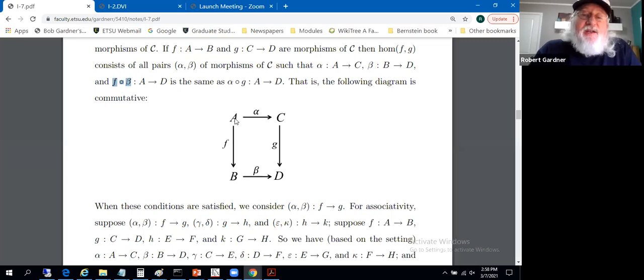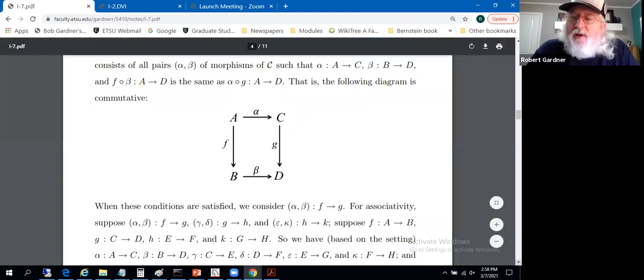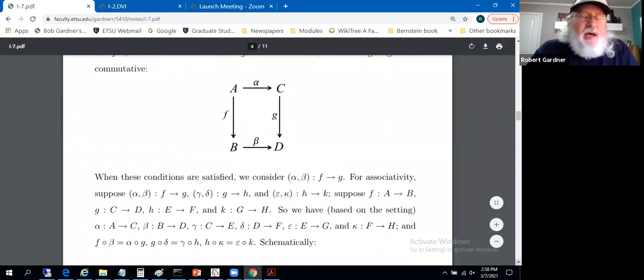But the idea is we've got commutativity in this diagram. If we follow this branch from A to D, or we follow that path from A to D, we get the same mappings. So in terms of the compositions, I think I've got both of those backwards, but I do need to think on that. But a lot of this will just depend on the diagrams being commutative. We're using this pair of morphisms to map that morphism to that morphism.